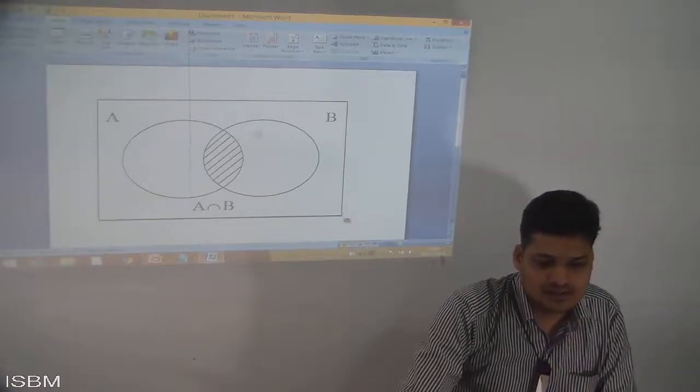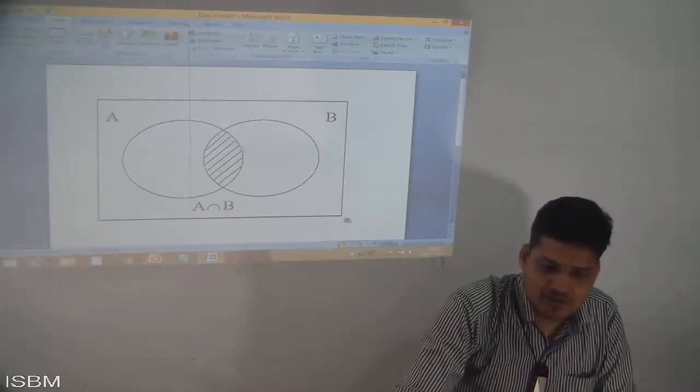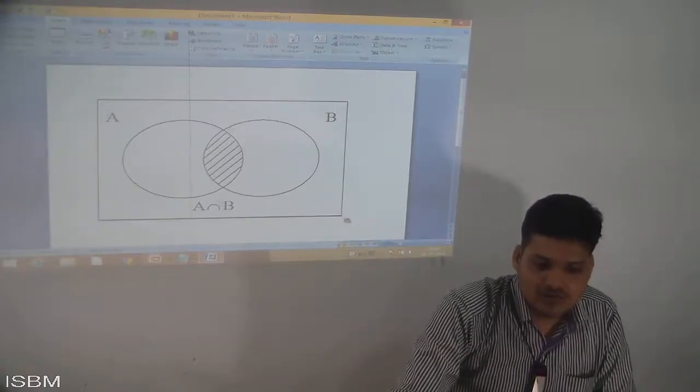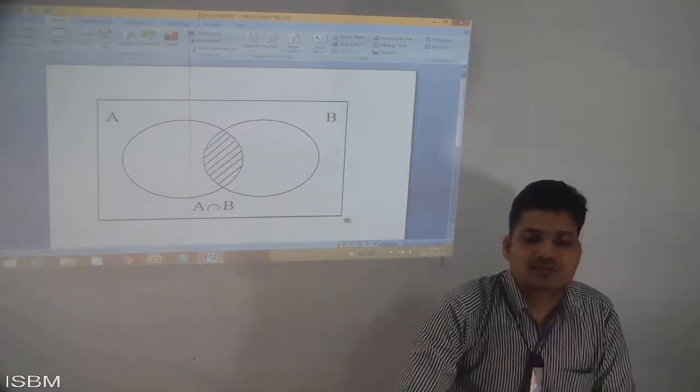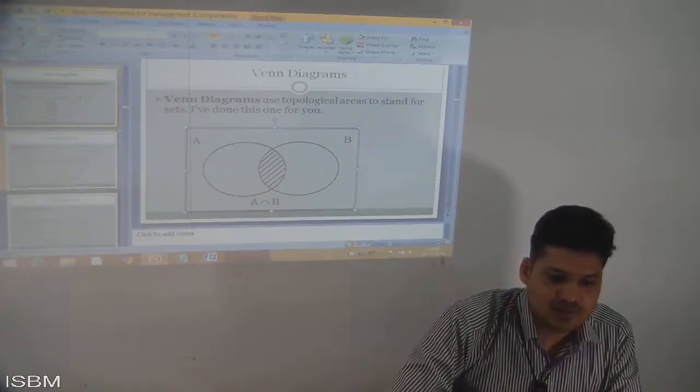This is set A, this is set B, and this is A intersection B. This is the common value in both the circles. So this is called A intersection B, which we have seen over here.